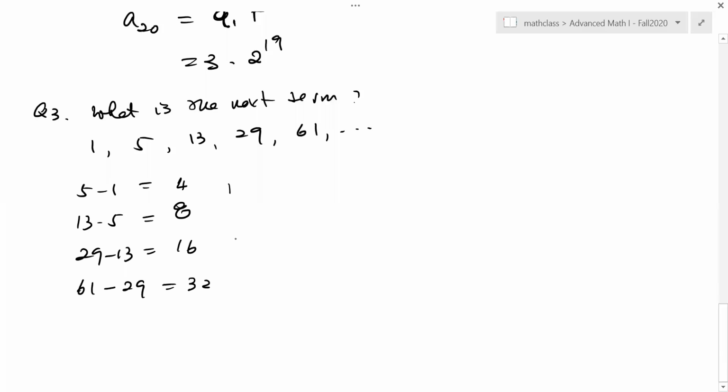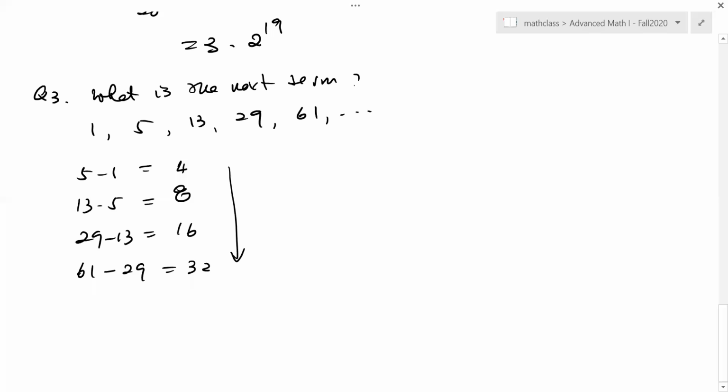However, we call it a secondary sequence from the differences: 4, 8, 16, 32. So you will get this sequence of numbers. You will see that 4, 8, 16, 32 is 2 squared, 2 cubed, 2 to the 4th power, and 2 to the 5th.